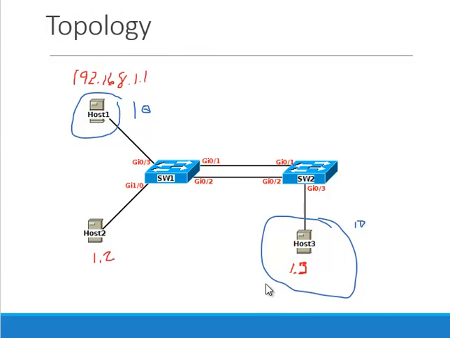Let's say that host 3 is actually a server connected to switch 2. There's no need for VTP advertisements to be propagated out this trunk link. Well, let's say it was a trunk link, so we'll make it a trunk link real quick. And then it would be propagated out. There's no need for that, and so that would be the use case where you would turn VTP off.